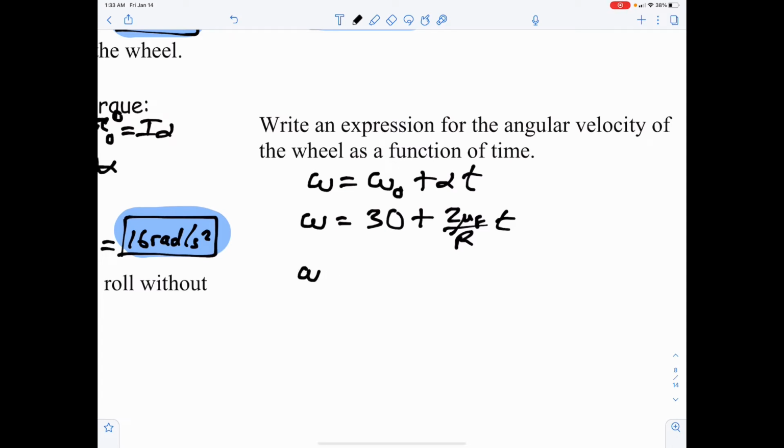So omega is equal to 30 minus, and the alpha we came up with was 16t.